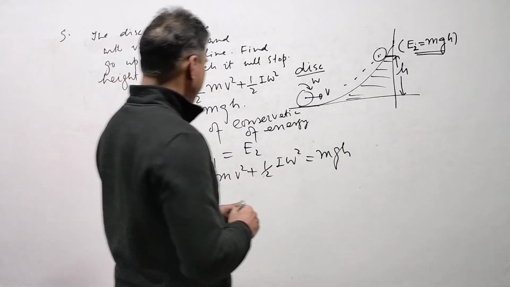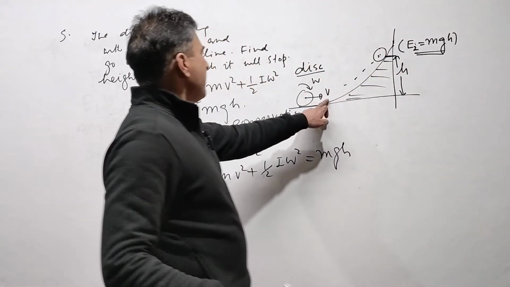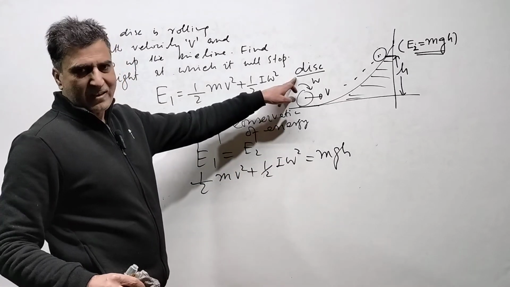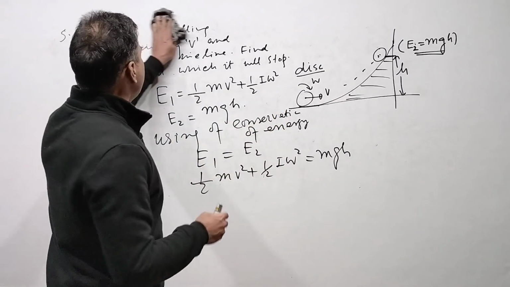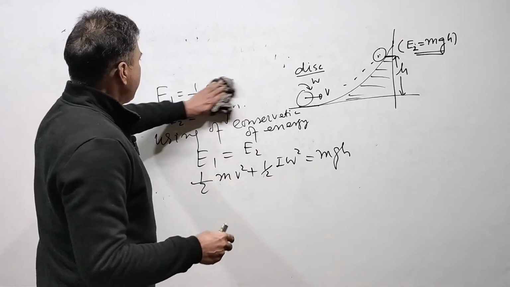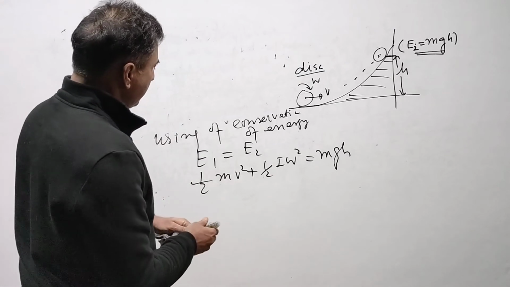Right? Okay. Now because I have to get the answer in V, not in omega, I will substitute for I also, because it's a disk, that is a known fact. I know what is the moment of inertia of a disk about the center of mass axis. That has to be substituted. So what should I write?